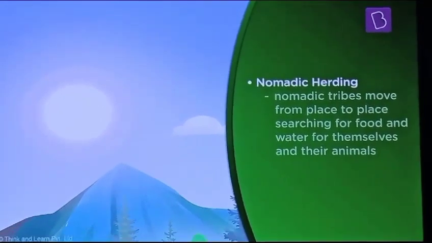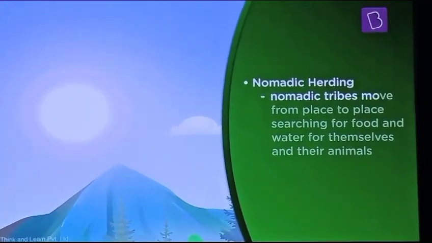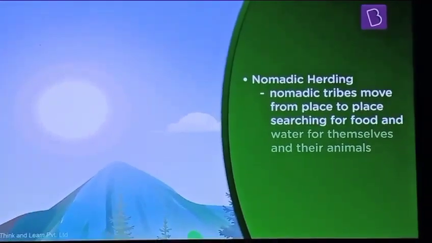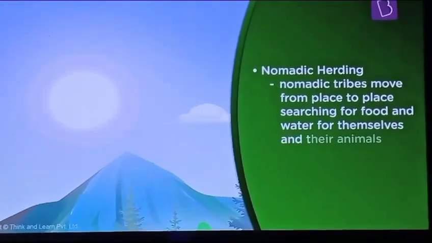Nomadic herding is when several nomadic tribes move from place to place in order to search for food and water for themselves and their animals.